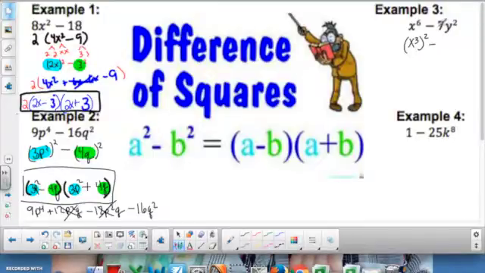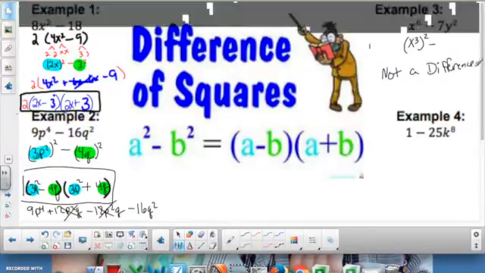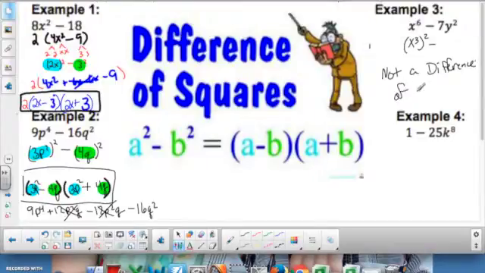Over here, though, 7 is not a perfect square, which means I can't write my nice pretty term here with the perfect square. So this is not a difference of squares. So we would just say not a difference of squares. And there's not really a lot we can do with this at this point. So you would just have to leave it there.